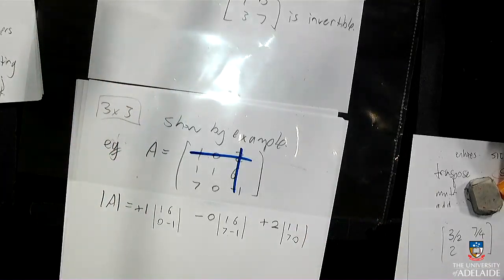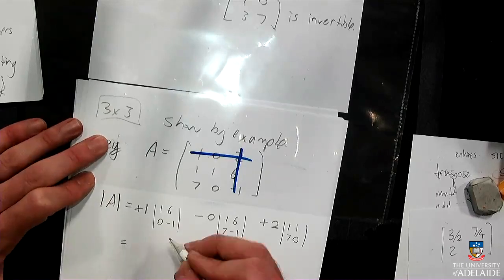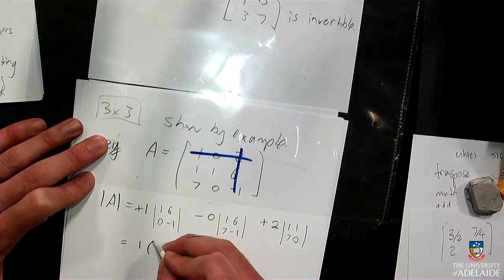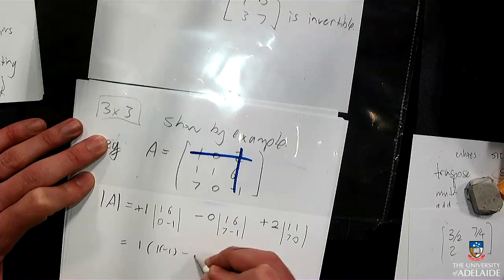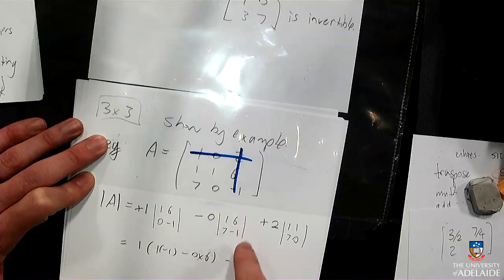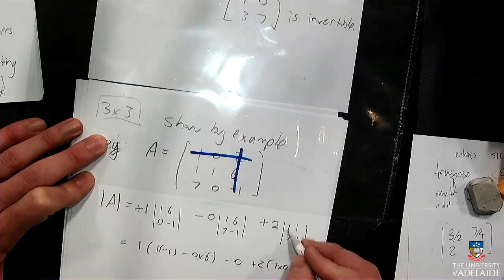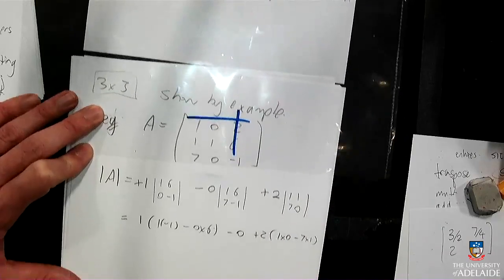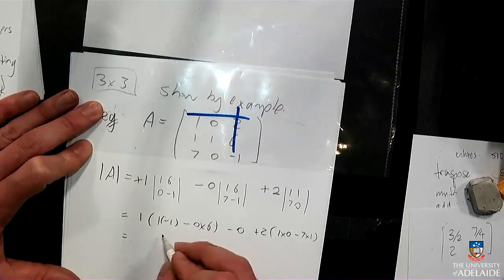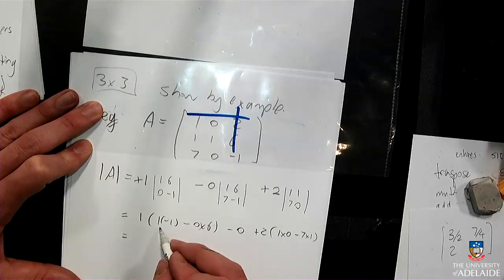I'm not finished yet. I'm going to have 1 times negative 1 minus 0 times 6, because that's how you do a 2 by 2. Minus 0 times, I don't really care what this is. I'm not going to calculate it, because it's 0 times whatever that number is. Plus 2 times 1 times 0 minus 7 times 1, because that's how you do a 2 by 2. And so I get 1 times negative 1 minus 0, so that's a negative 1.